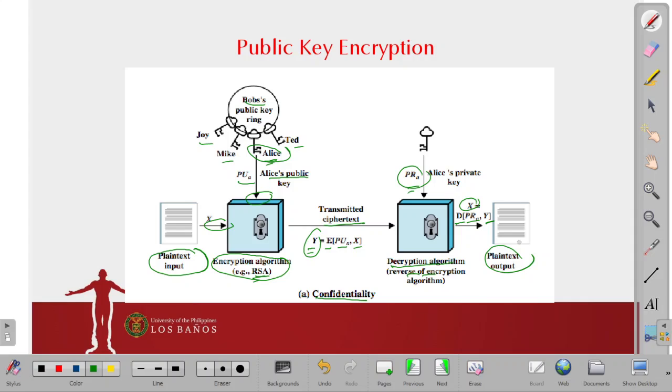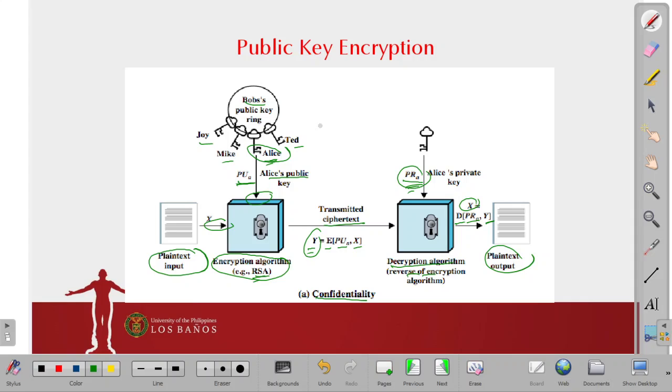The essence here is there are two keys, the private key and the public key, and on Bob's side he used the public key of Alice to encrypt the data, and on Alice's end she used her private key to decrypt the ciphertext.